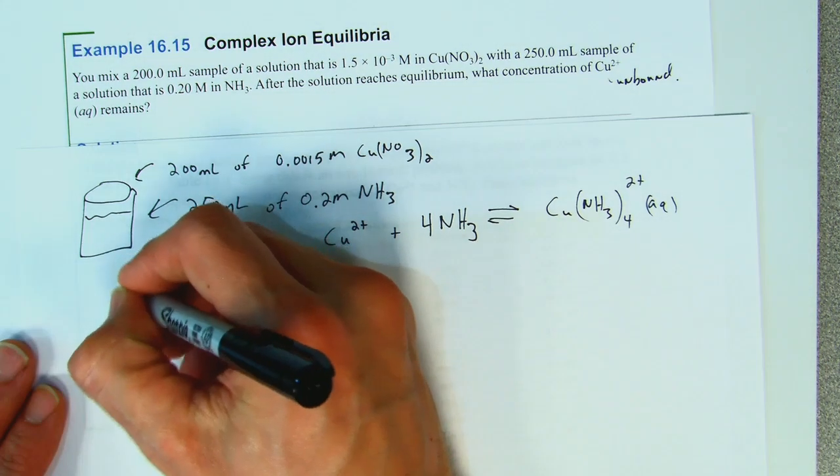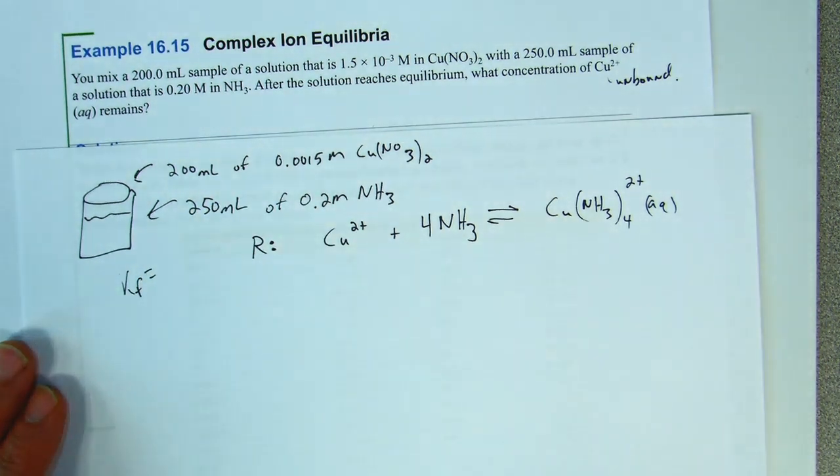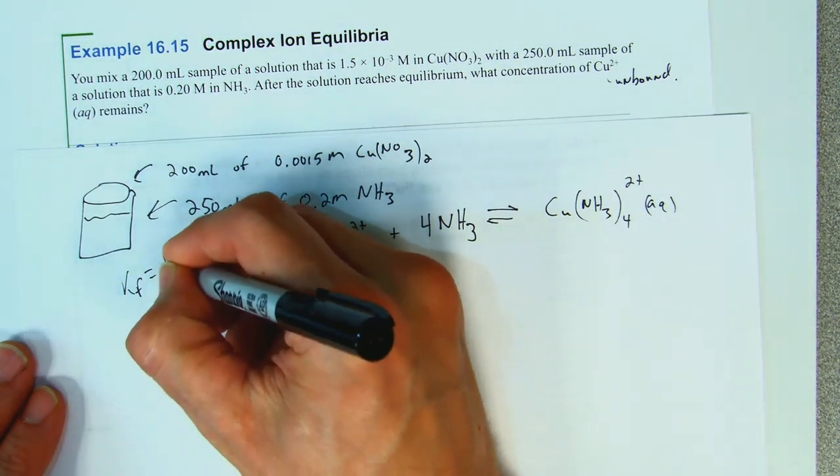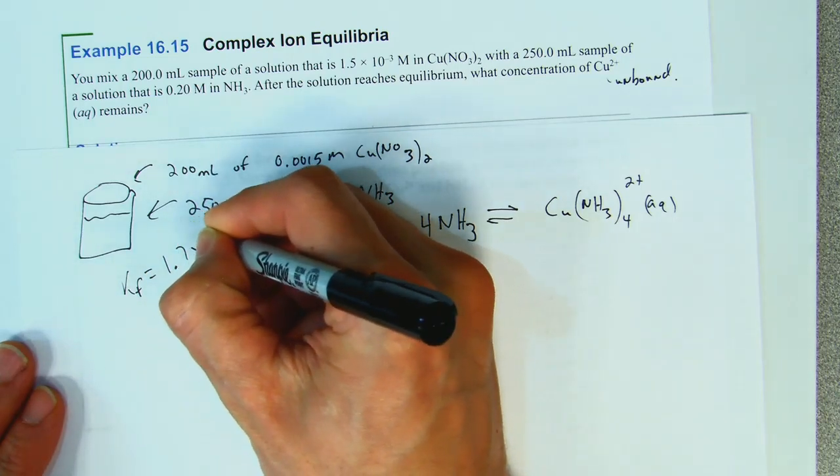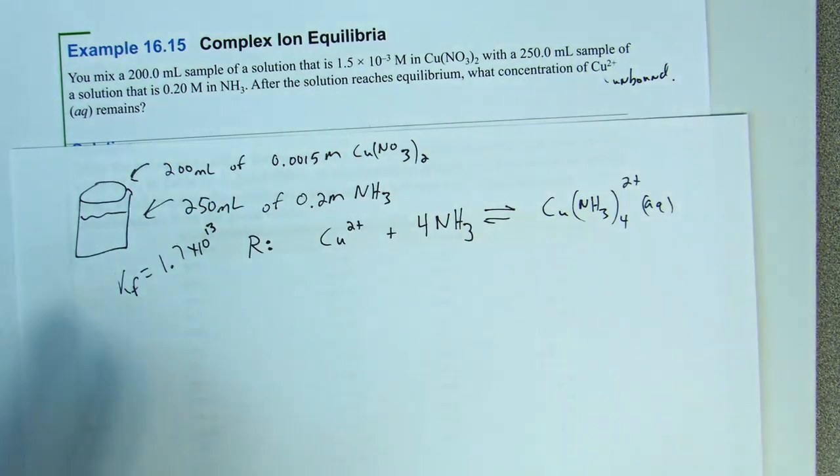Now, if I look up the value for Kf in that table, I didn't make a point of this at the time, but I'm looking at it now, and the Kf value is 1.7 times 10 to the 13th. That's a pretty big K, so that reaction is going to move far to the right, and I'm confident in that already, okay?